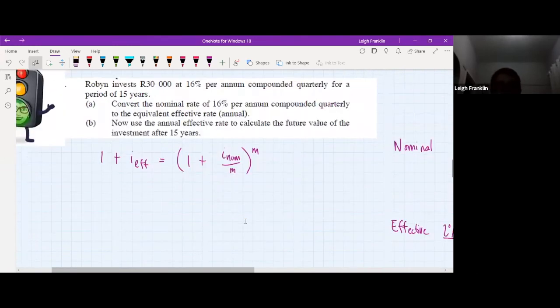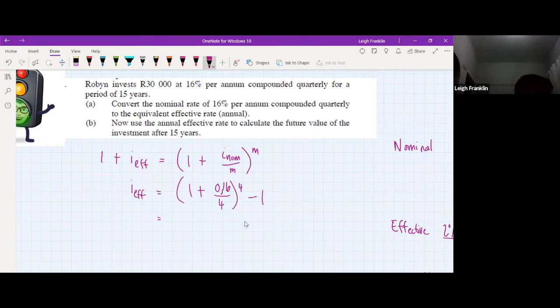All right, so they want us to calculate the effective interest rate. That means we need to calculate I effective, so we're going to sub in 1 plus I nominal, which is our nominal rate, 16% compounded quarterly, to the power of 4. And then that 1 is going to come over to the other side. Pop that into your calculator and work out the effective interest rate.